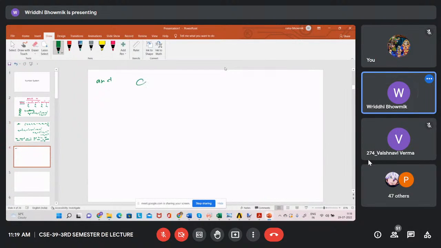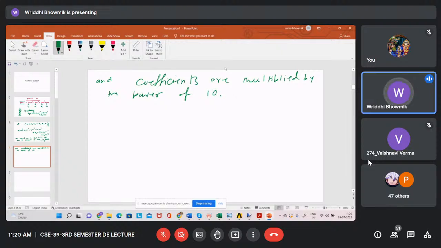And the coefficients are multiplied by the power of 10. Okay. So first of all, the digits are between 0 to 9 and the coefficients are multiplied by the power of 10.